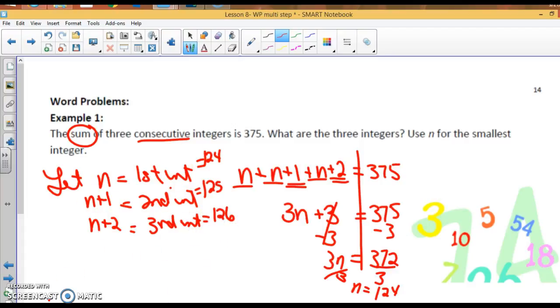So those are our 3 integers. You want to write a little sentence. The 3 integers are 124, 125, and 126. How do you test to make sure that you are correct? Add them up. If you add 124 plus 125 plus 126, you will get 375, so we know we're right.